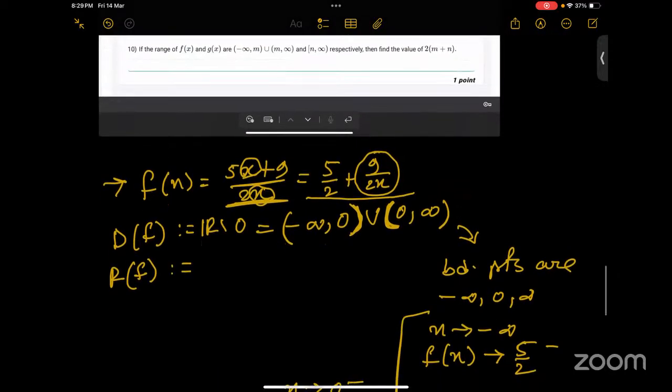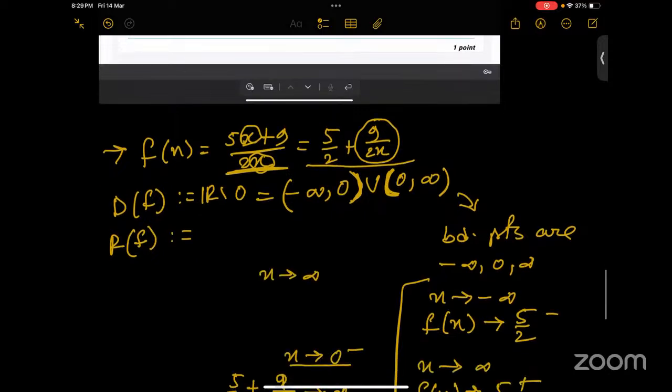If x is tending to infinity, then 2x is also tending to infinity, so 9 by 2x will be tending to 0. You have come to the second point itself. Minus infinity and plus infinity are over, and 0 and 0 you are doing now. Now is it fine? Yes, I got it cleared.